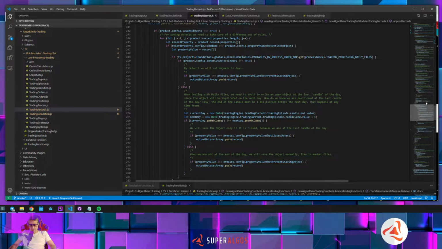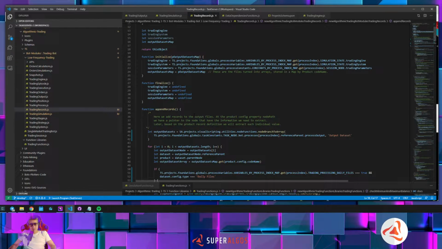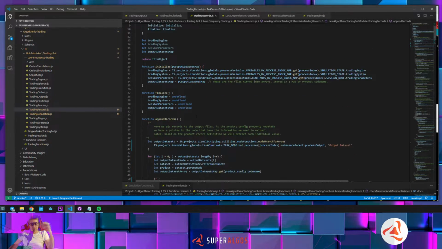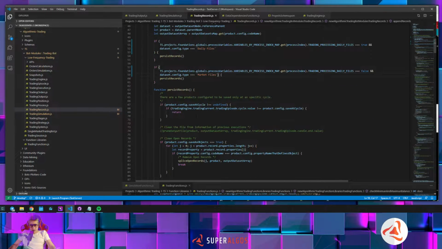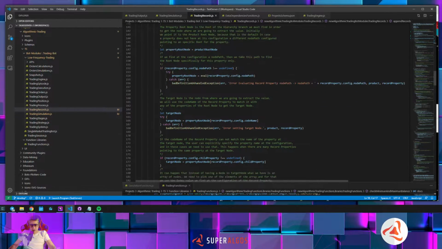So I will continue having this module, but I will put this function somewhere else, and I will send to this function all the information it needs from here as parameters. So that is generic. So that's my plan as of now.